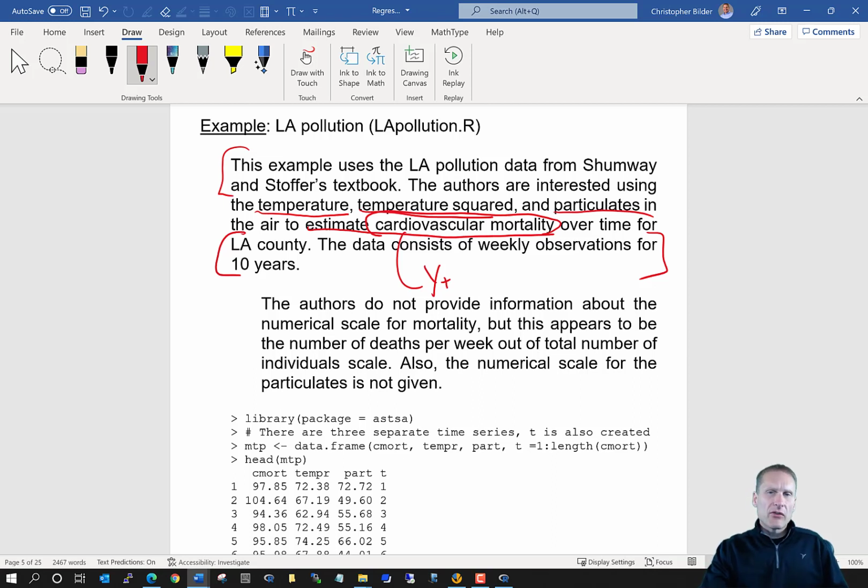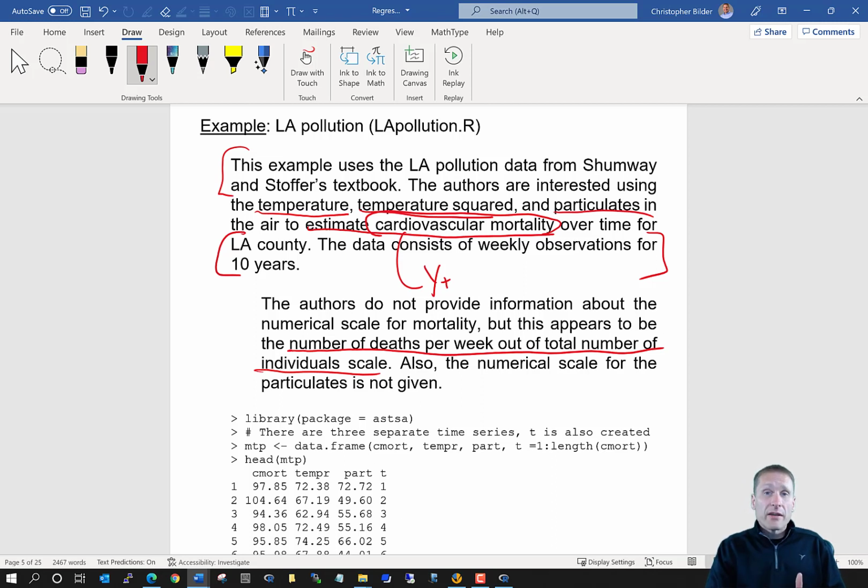And what it appears to me is that this is simply representing the number of deaths per week out of a total number of individuals in terms of a scale. So for example, you might see 93.84 deaths per 100,000 people that are attributed to cardiovascular mortality. That's what I'm talking about here.